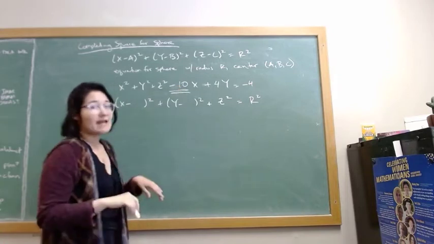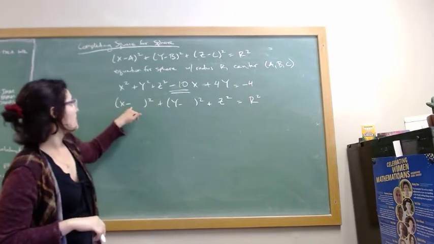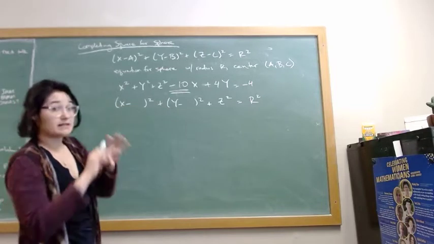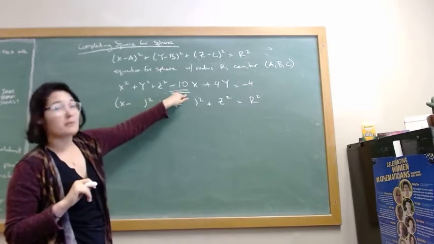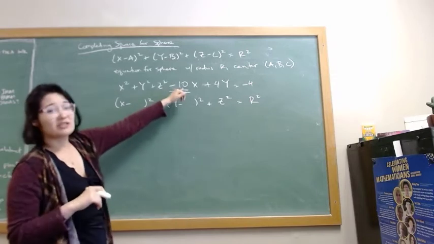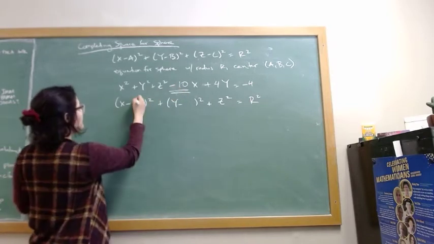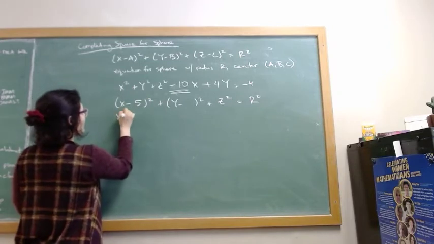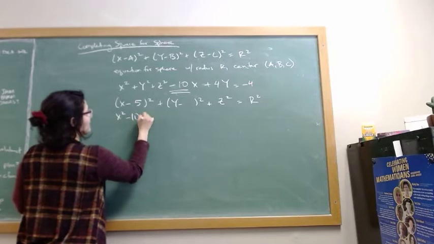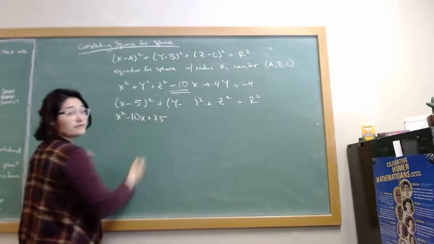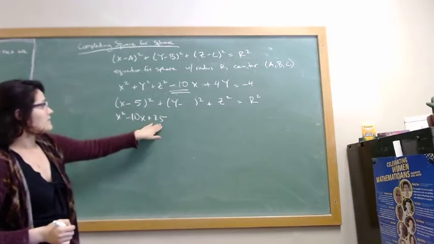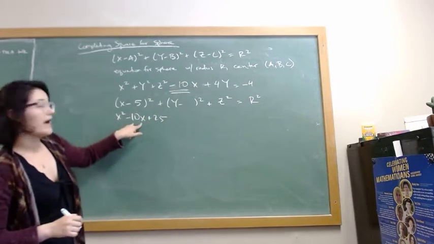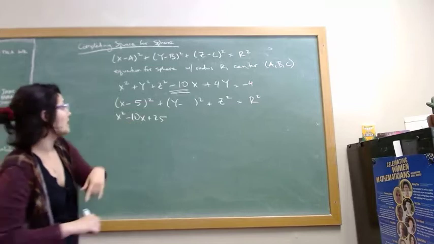I've got minus 10x right there, and I need to pick a number where, if I factor x minus number squared, I'll show up with a minus 10x. That's always just going to be half the number I see right here. So if I do x minus 5, then multiplying this out, I get x squared minus 10x plus 25. That gives me an extra plus 25 that didn't show up anywhere here. We'll deal with that later. For now, I've gotten my minus 10x that I wanted to see.